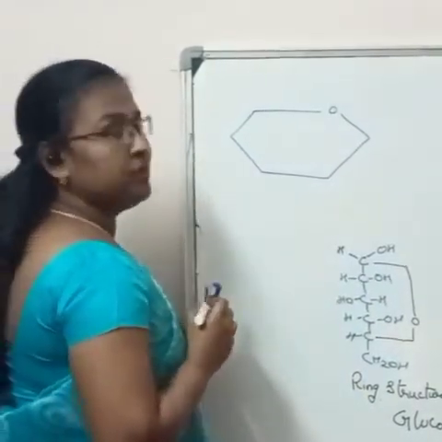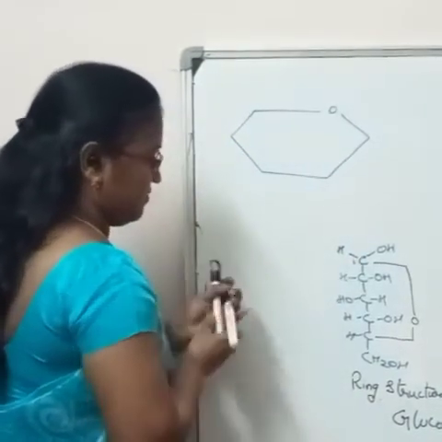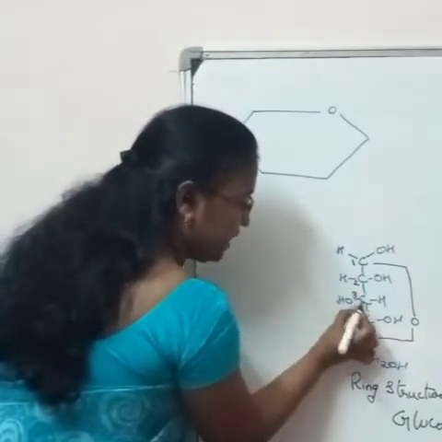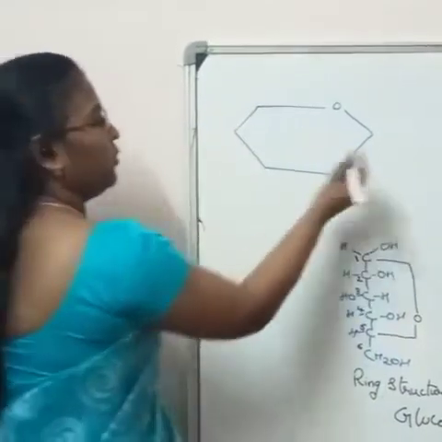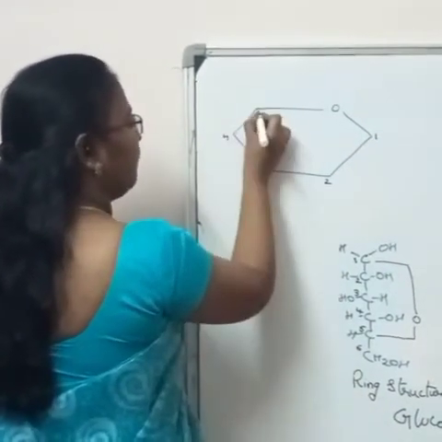Now let us start the numbering. This is 1, 2, 3, 4, 5 and 6. The same thing we'll put here also: 1, 2, 3, 4, 5.